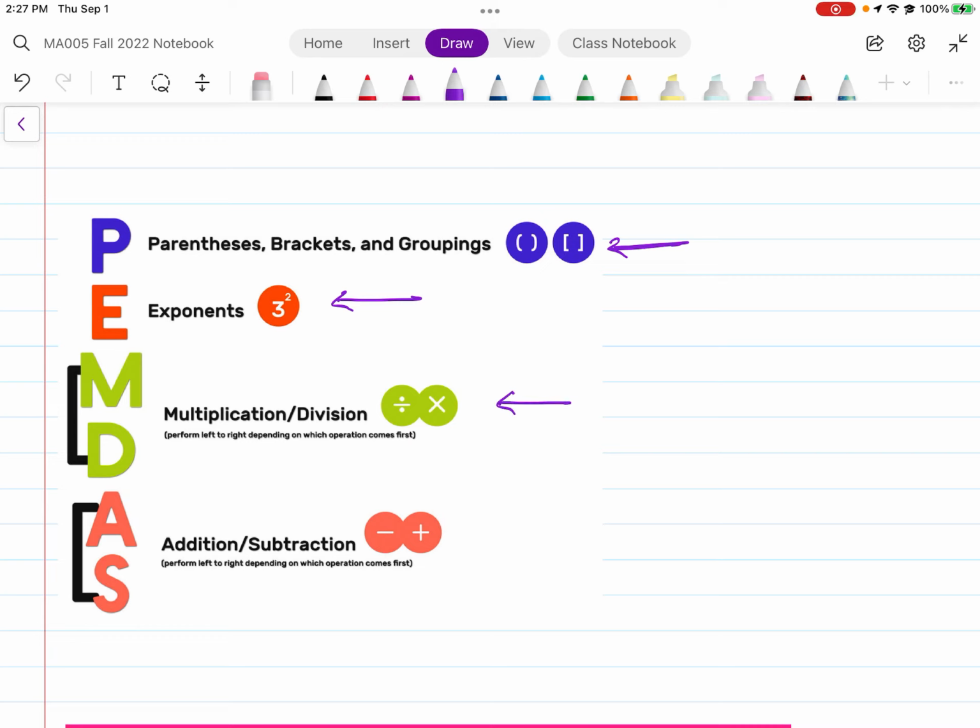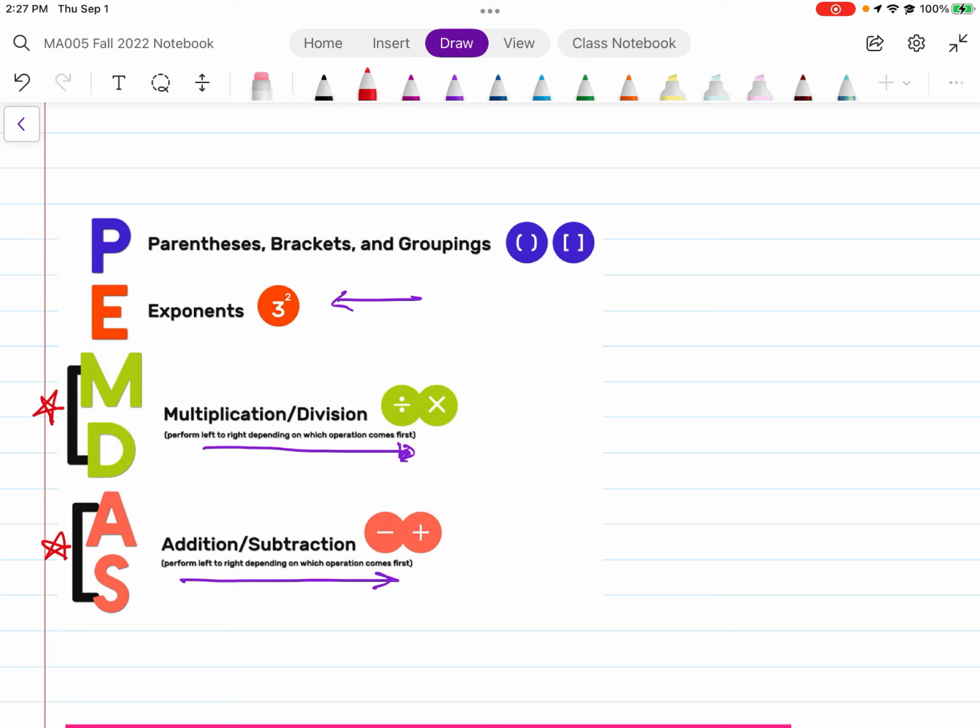Then we do multiplication and division from left to right, just like you read, left to right. And then we do addition and subtraction again from left to right through the problem. Okay? So first parentheses, then exponents, then multiplication and division together, left to right, then addition and subtraction together, left to right. So what's really important here is this together thing right here.